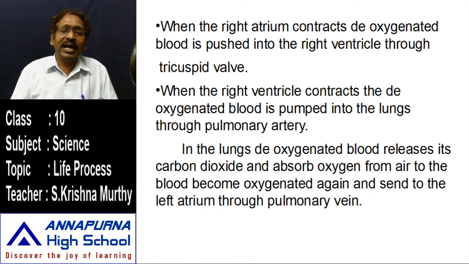After the contraction of the right atrium, when the blood flows into the right ventricle, the right ventricle also contracts to pump the deoxygenated blood, not to the body parts. This deoxygenated blood has to be changed into oxygenated blood, which happens at the alveolar level of the lung.